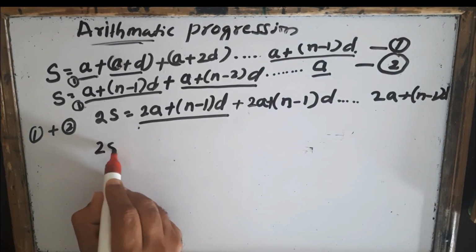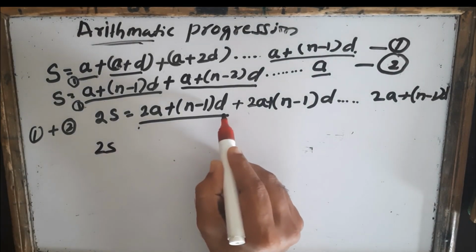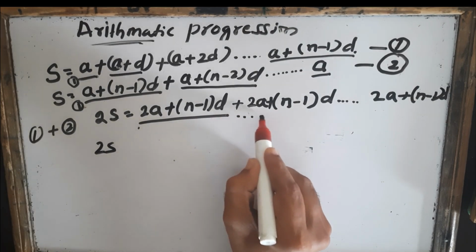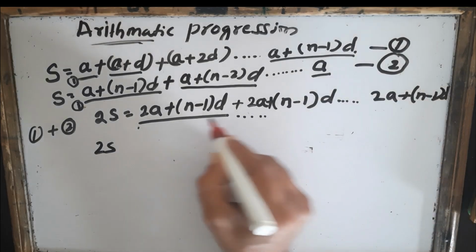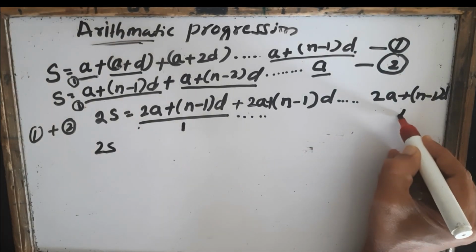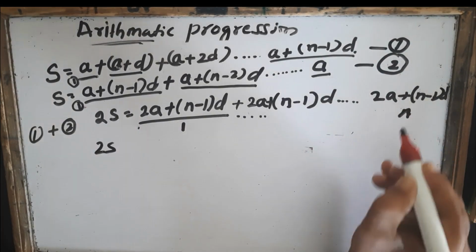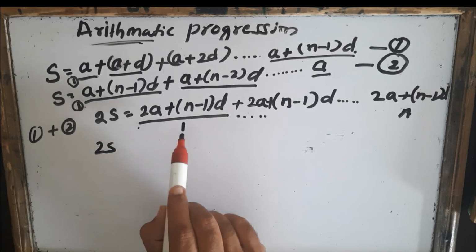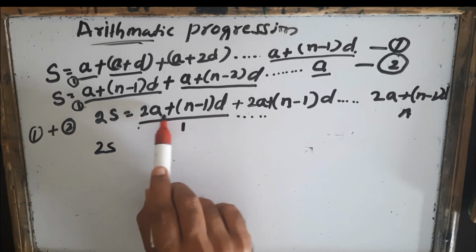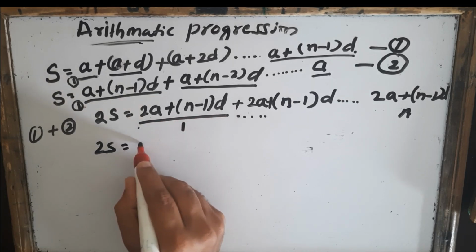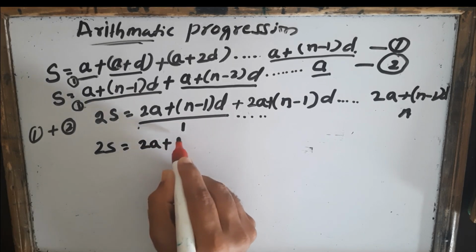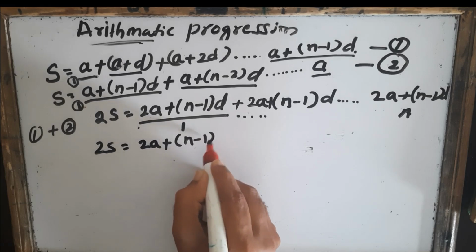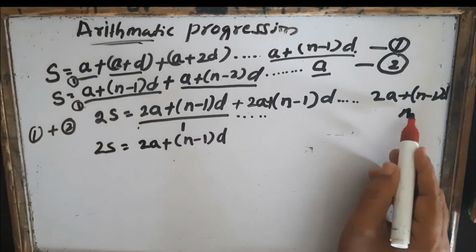Now 2S, so this 2a plus (n minus 1) into d, this is for the first number and this is for the nth number. So this number, 2a plus (n minus 1) into d, is repeating up to n.